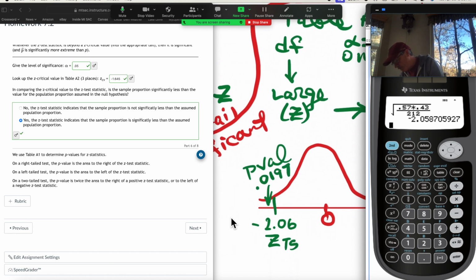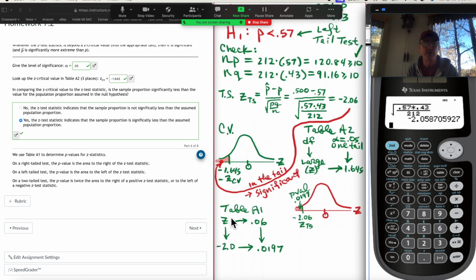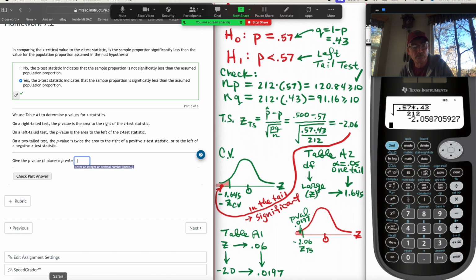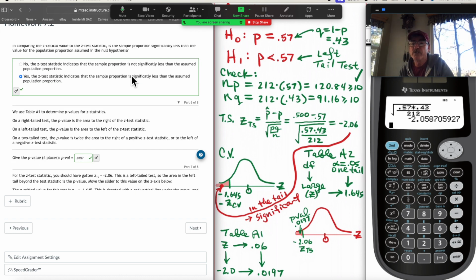I think I'll even shade that just because. Okay, and we can put our p-value in here. Like that. And that's pretty small. Looks like we got it right. It's less than 5%.